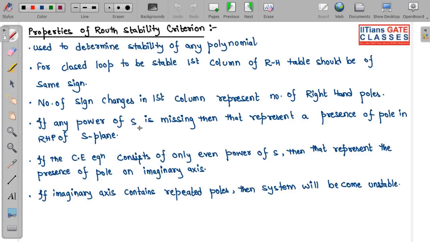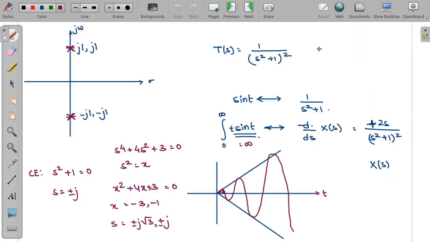If any power of s is missing, then that represents a presence of a pole in the right half of the s plane. So for this, if we have something like s square plus s to the power 1 equal to 0, and you take s common, this becomes s plus 1 equal to 0.